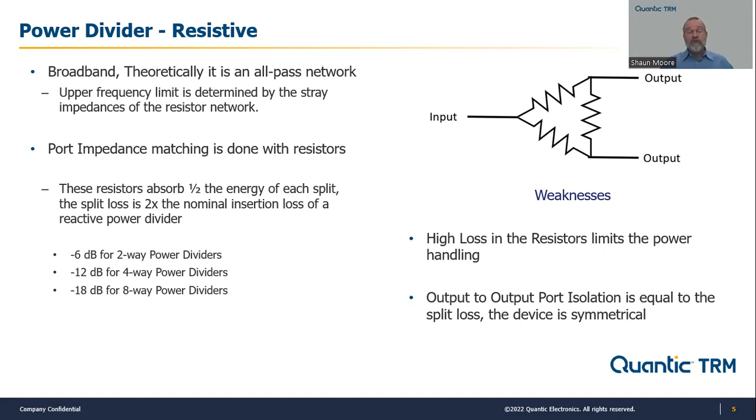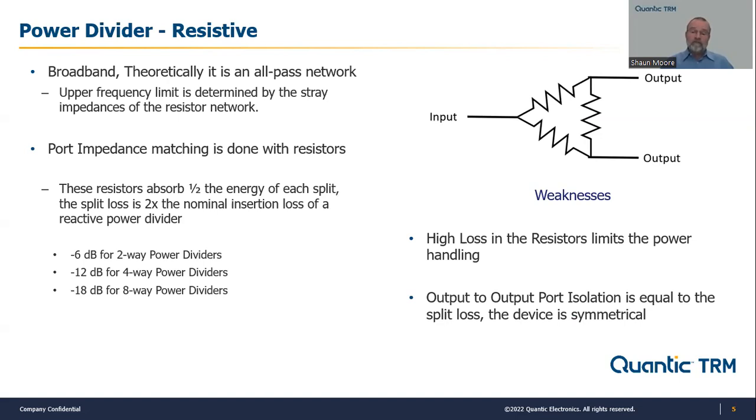Therefore, energy that goes into any one port will appear at the other ports at the same value. So there really is no isolation going on between these ports. A very useful device: it's simple, very broadband. It does have a lot of insertion loss, though, twice what a reactive power divider would have, and there's no isolation.